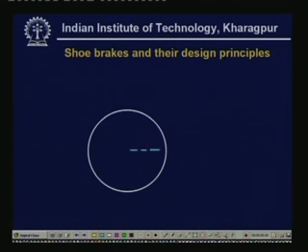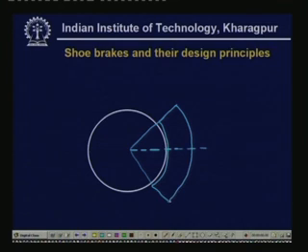So, this is the shoe of this brake, and we apply a braking force F. Now, this angle, let us say, is equal to theta. So, the net contact angle is theta.